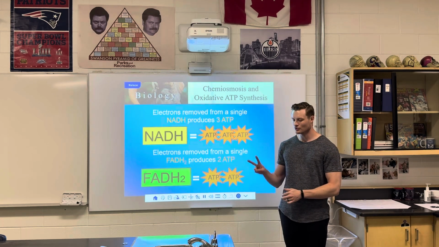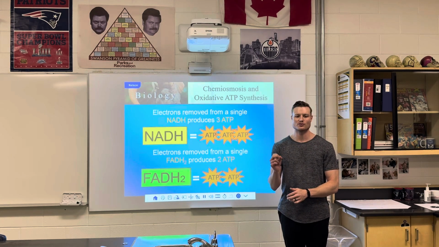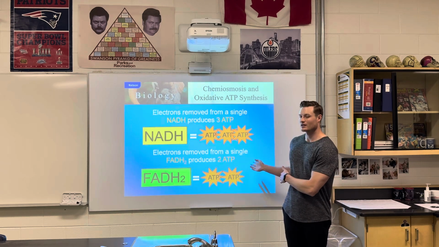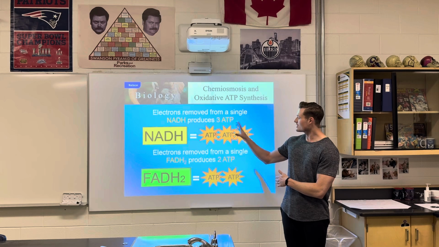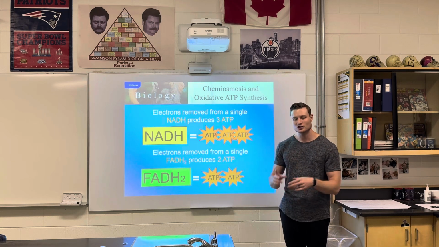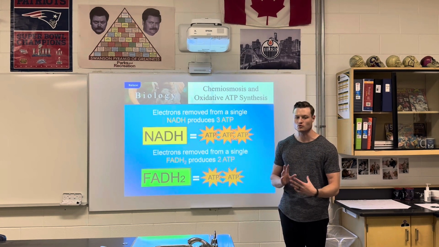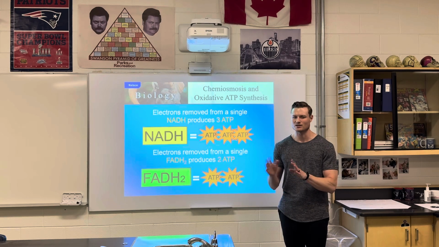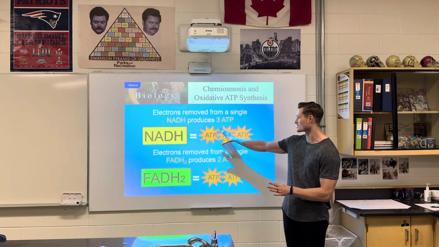Okay, so how much ATP do we actually get? Because once again, we get 2 from glycolysis, 0 from pyruvate oxidation, and 2 from Krebs cycle. This is where the remaining ATP comes from. Each NADH has enough energy, enough electrons to produce roughly 3 ATP molecules. It's actually a little bit less, but for simplicity purposes, we're just going to say 3.